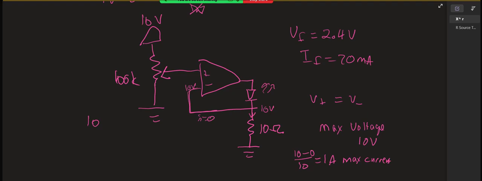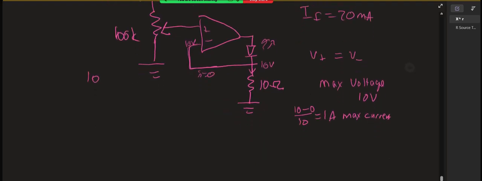So if you move it all the way to this side, that's going to get all of the resistance, and you're going to get a voltage of 0. That's the way the potentiometer works. You get a portion of that resistance, and so our minimum voltage that we would get is 0. So if we have 0 volts, then we have 0 volts here, and our min current is 0.